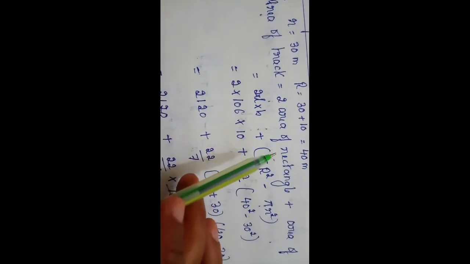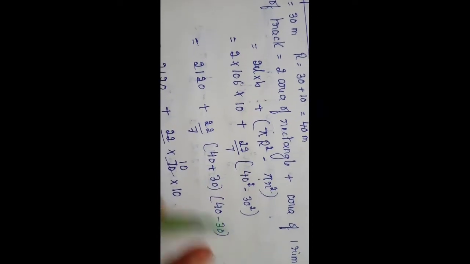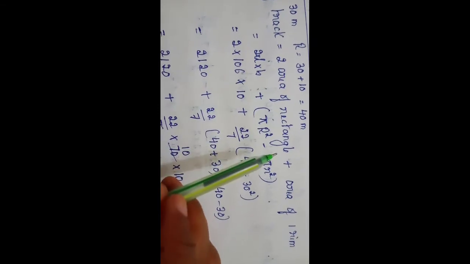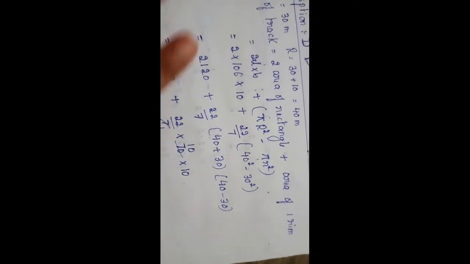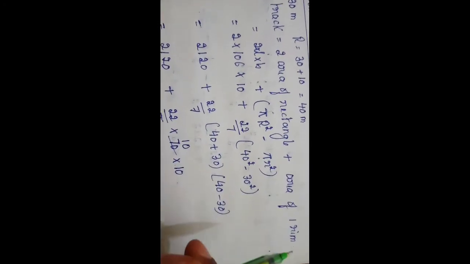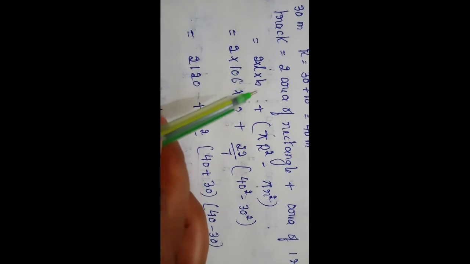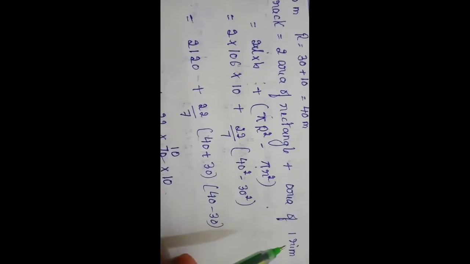So area of track is 2 into area of rectangle, that is we have here 2 rectangles in that path. So 2 times area of rectangle plus area of one rim. Already shown that the rim is nothing but a circular path. So what is area of rectangle? L into B. 2 into L into B plus, how to find area of rim?